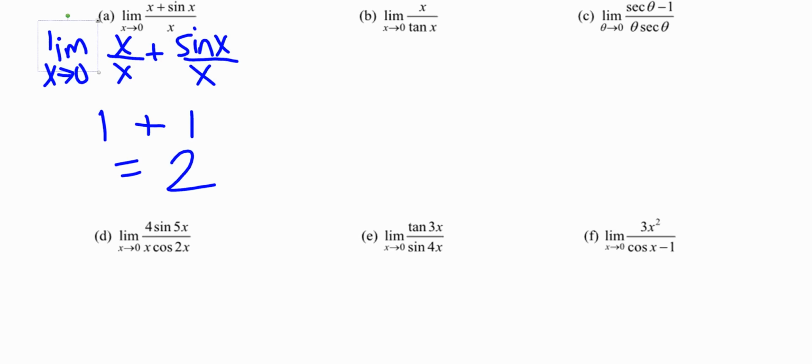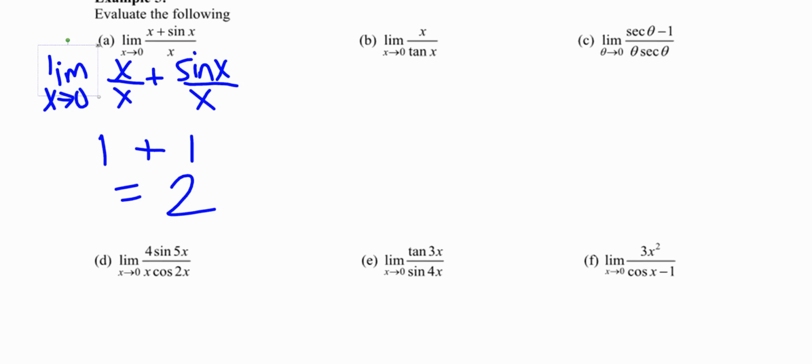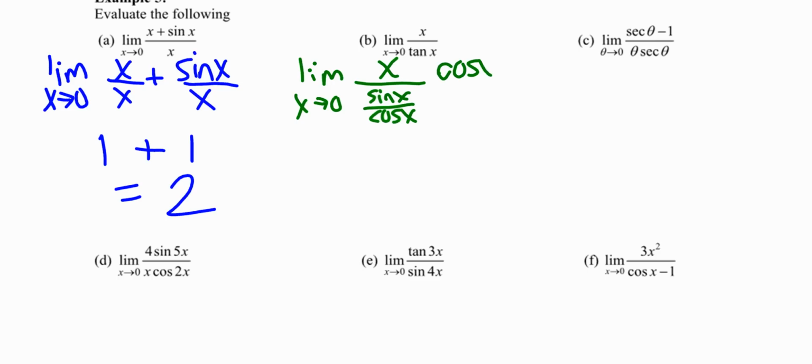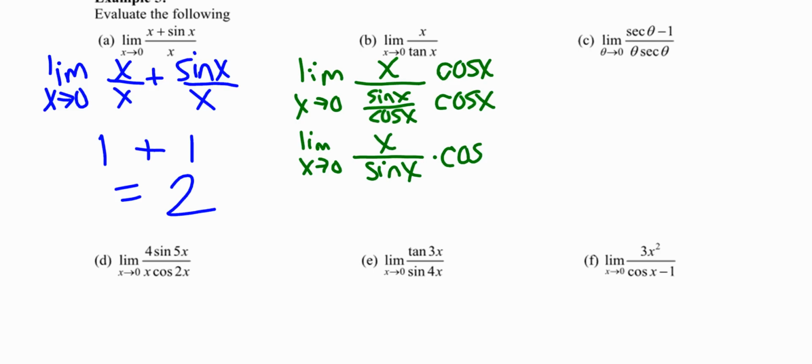For the next one, we don't have anything to do with tangent of x, but we can do a little bit of manipulation here. So I have the limit as x approaches 0. Instead of writing tangent, one thing I could do is write sine over cosine. We shouldn't have a complex fraction though, so if I multiply the top and the bottom by cosine, this time I'll get the limit as x approaches 0 of x over sine of x times cosine of x.